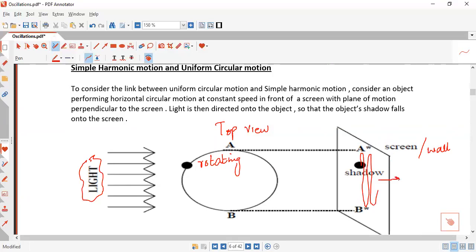This up and down motion is simple harmonic motion, and this is uniform circular motion. So uniform circular motion and simple harmonic motion are the same.